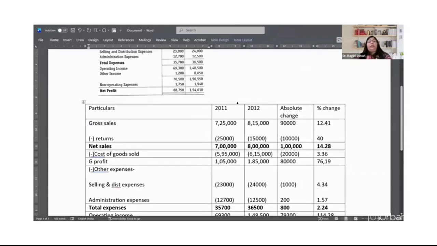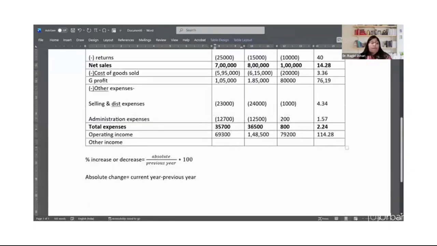Other income is 1200, 8050. The absolute change is how much? 6850. And the percentage change, as you can see, is again more than 100%, that is 570.83.